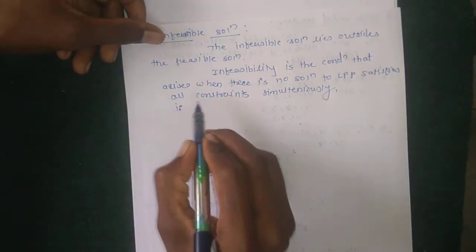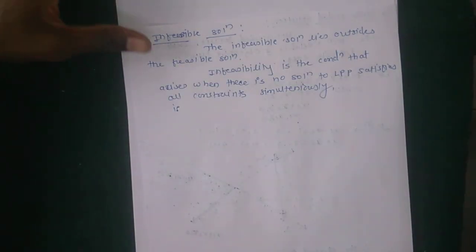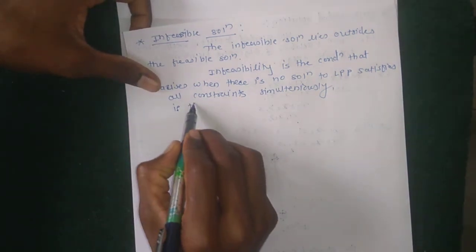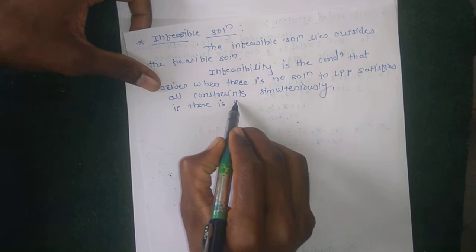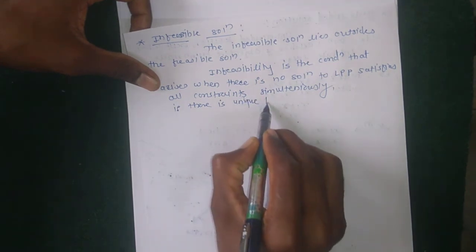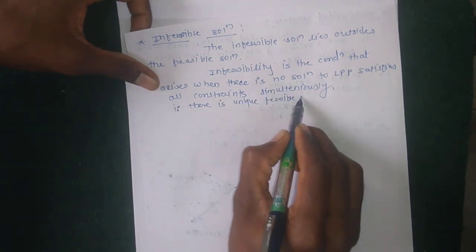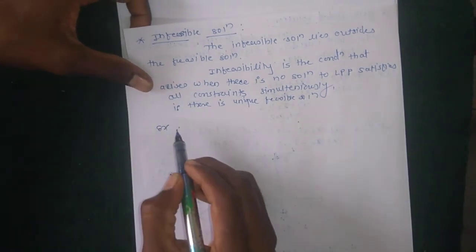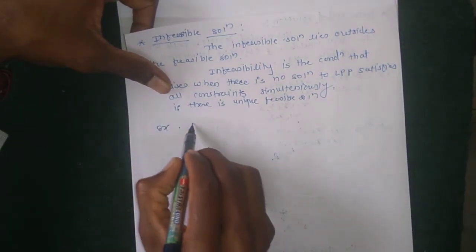That is, there is a unique feasible solution. Okay, so let us check an example of how to find it.